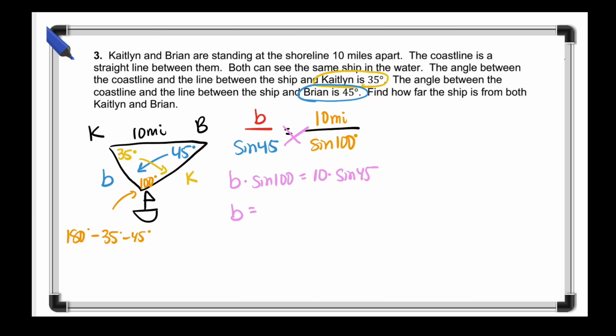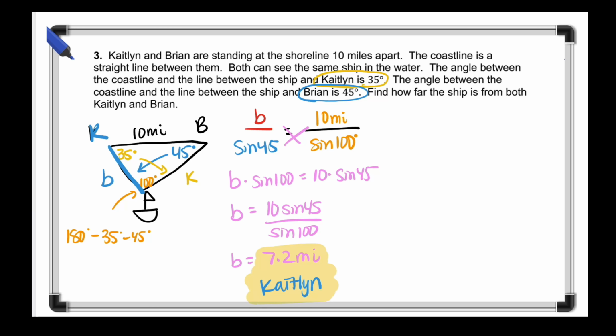We can divide both sides by the sine of 100. So it's 10 times the sine of 45 over the sine of 100. So my side B is 7.2 miles. Now, even though it's B, this is technically the distance between the ship and Caitlin. So 7.2 is our distance for Caitlin.